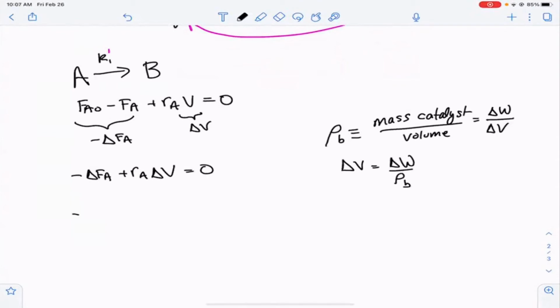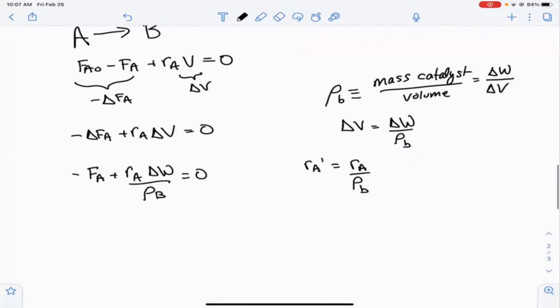And we're going to implement this as minus delta FA plus RA times delta W over rho B is equal to 0. And then we're going to define RA prime as equal to RA divided by rho B. And the reason that we do that is we want to change the units.